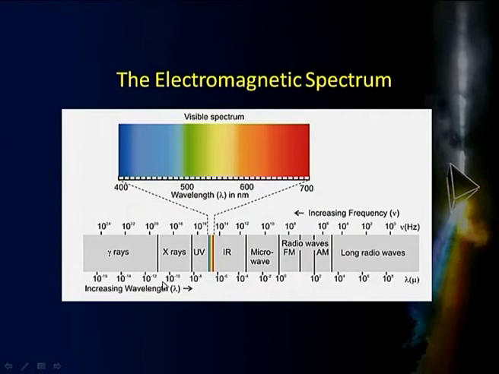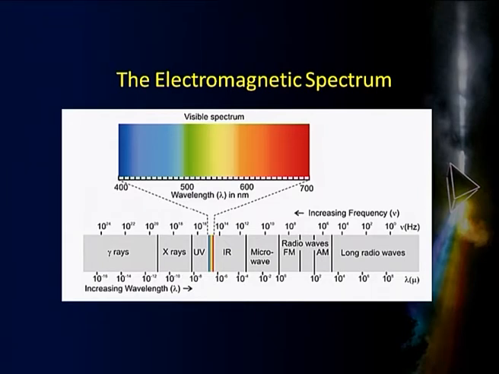Here you see increasing wavelength. This is a very low wavelength, and as you proceed, wavelength is increasing, and on this side you have increasing frequency. Graphically also you can see that there is an inverse relationship between frequency and wavelength.